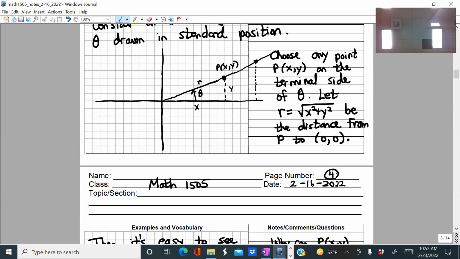They're similar, right? So no matter where you put this point on the terminal side and draw the right triangle, you're going to get similar right triangles. That means the ratios of sides are always the same. That's how we form the trig ratios. They're just ratios of sides of a triangle. So it doesn't matter where that point is chosen on the terminal side, and this is really useful.